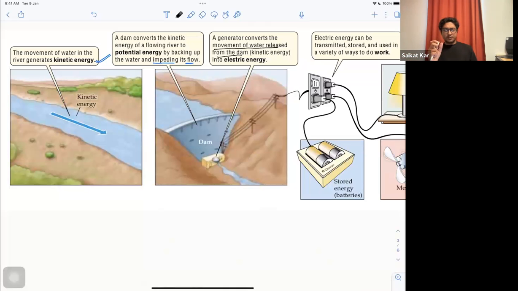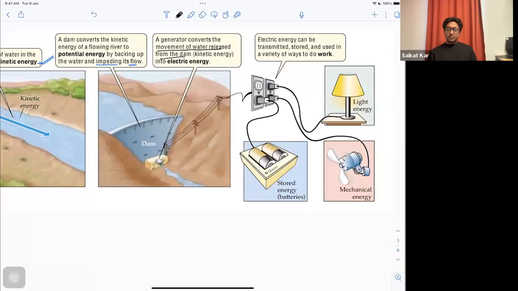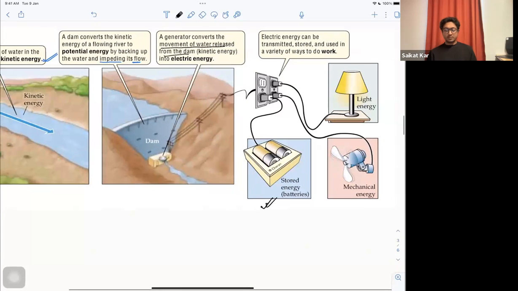And then when we again open a section of the dam and let water flow through it, again the kinetic energy of water is changing into electric energy. Now electric energy can be stored like in a battery, or we can use it to do some mechanical work.